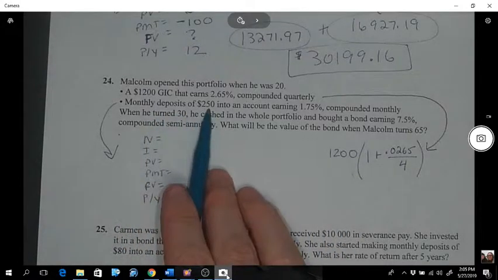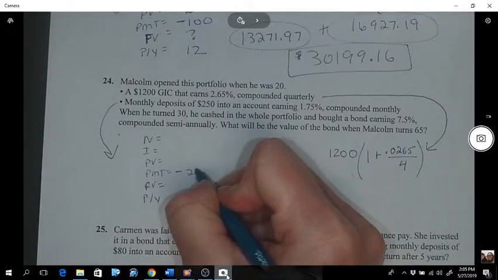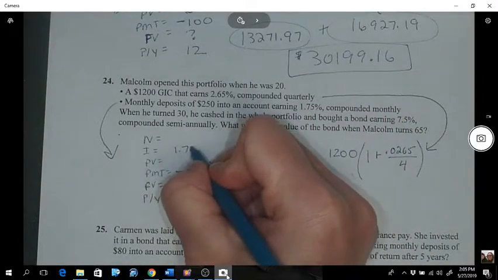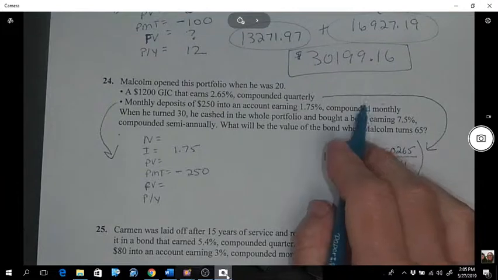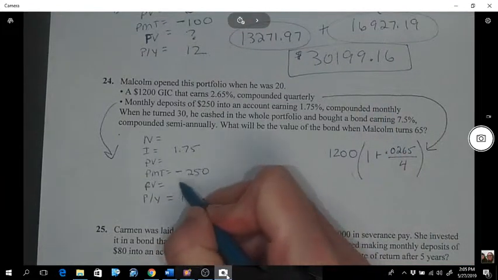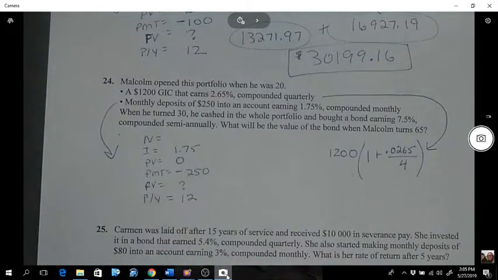Monthly deposits of $250, earning 1.75% compounded monthly. Future value we want to know, previous value is 0. Malcolm opened this portfolio when he was 20.